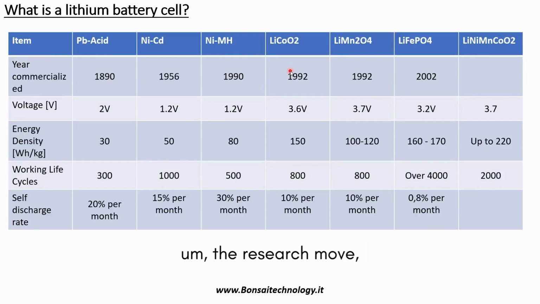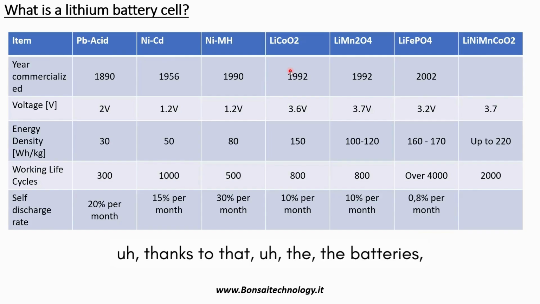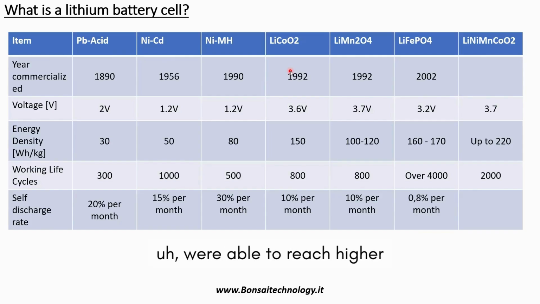Then the research moved into different compounds, adding manganese and nickel to the lithium formula. Thanks to that, the batteries were able to reach higher energy density, but even longer working life.